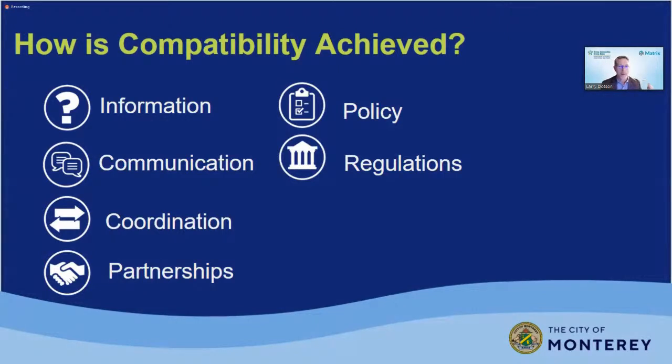Greater education of the public, education of elected officials such as yourselves, education of military commanders that may be new to a location, enhanced communication, enhanced coordination, and enhanced partnership.